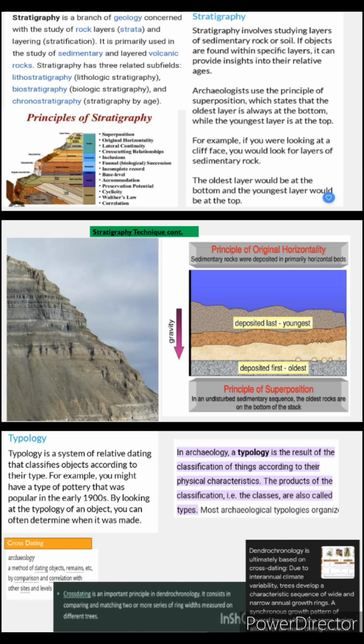So this is a principle of stratigraphy, a technique of relative dating. Next are diagrams of the stratigraphy technique. So the next technique or method is typology.